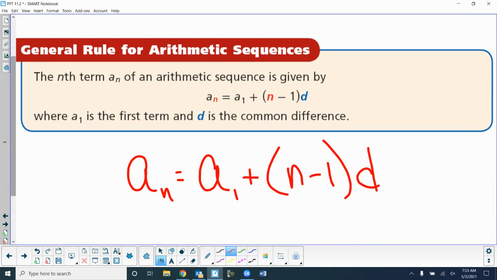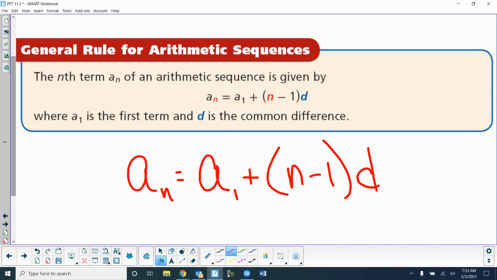The nth term, a sub n, equals a sub 1. What does a sub 1 represent? First term, yeah. Plus n, the term you're looking for, minus 1, times D, that common difference that you figure out.